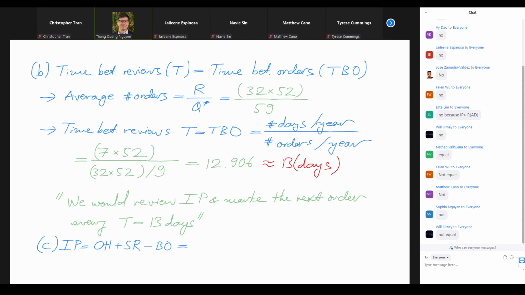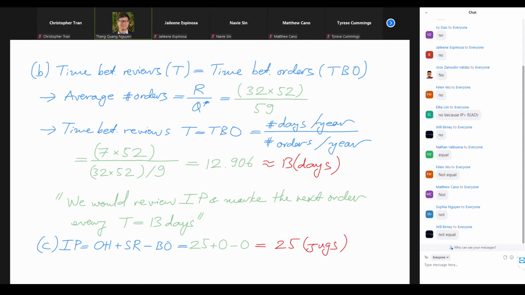So we have 25, nothing will be delivered today. And then we do not owe the customers anything, right? So our IP is 25 milk jugs, or jugs of milk. Right? That's how much we have today.